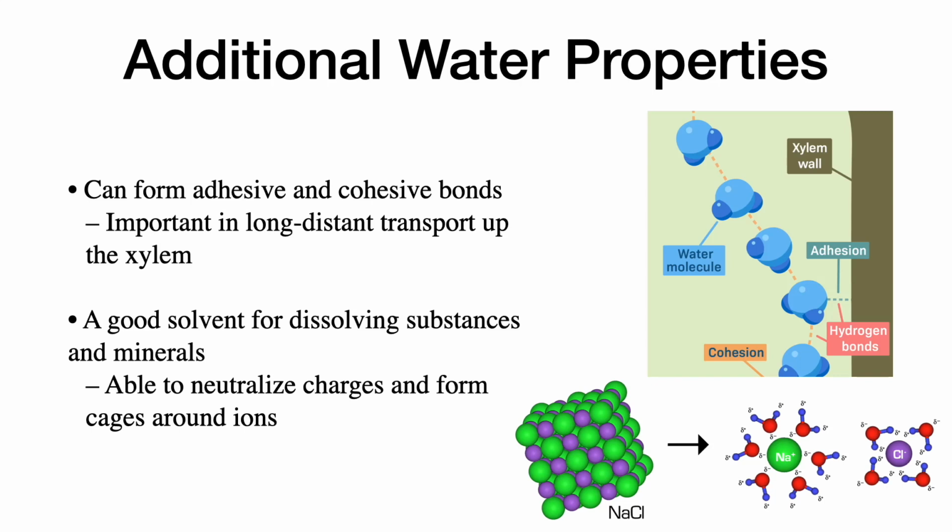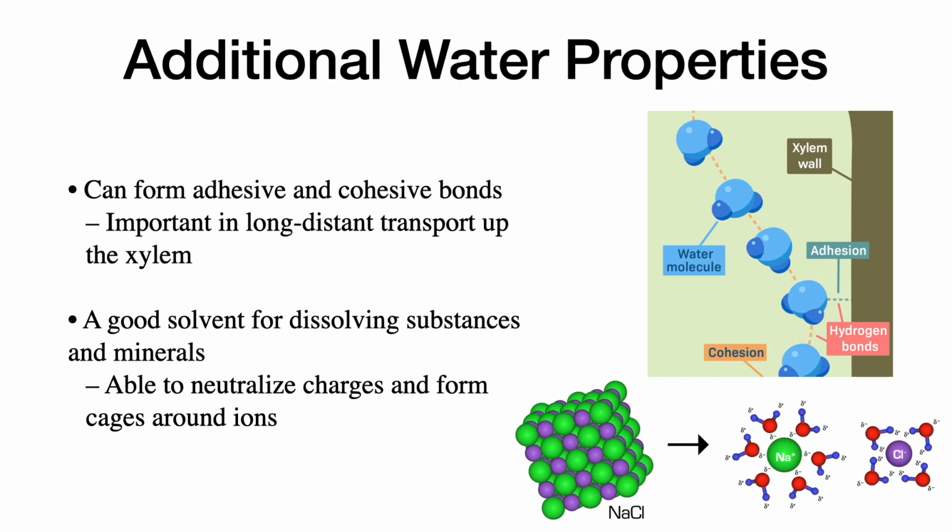For example, here we can see a salt crystal of sodium chloride with water molecules aligning up to the sodium particle, which has a plus charge, which results in the negative ends of the water molecules surrounding and caging that sodium ion and preventing it from binding back to a chloride ion, which would also be attracting water molecules, but in this case would be attracting the partial positive end of the water molecule on the hydrogen ends.